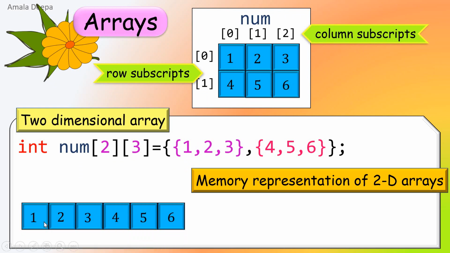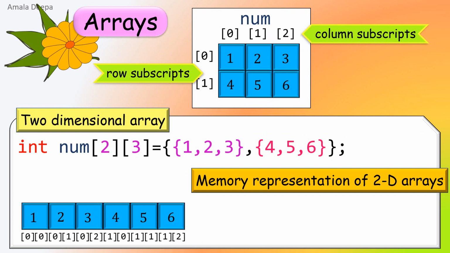The first element 1 is referred by the index 0, 0 because 1 is in position 0, 0. 2 is 0, 1. The element 3 is in 0, 2. The element 4 is in 1, 0. 5 is in 1, 1. And 6 is in 1, 2.